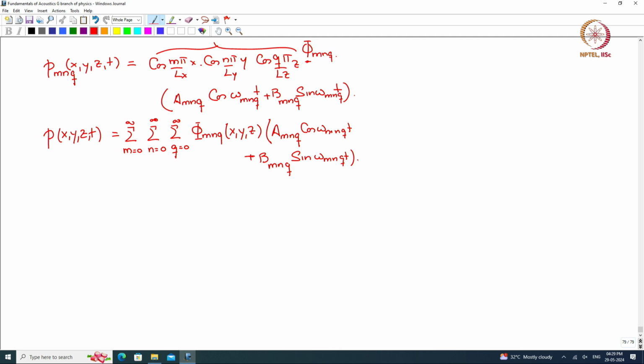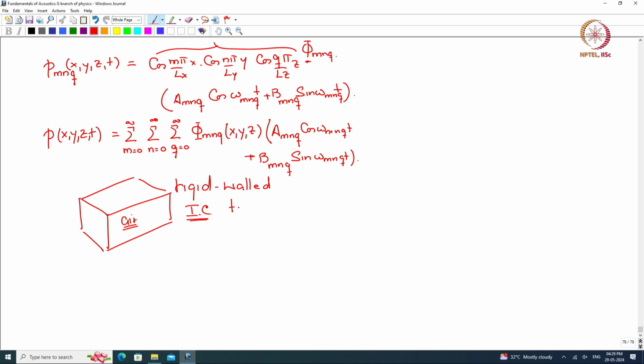What are we trying to do? Just to remind ourselves amidst all these expressions, we have a rigid walled box. Walls are rigid, and there is an acoustic space inside, air inside. Okay, and it is driven by an initial condition. That means at time t equal to 0, there is some pressure and some pressure derivative.